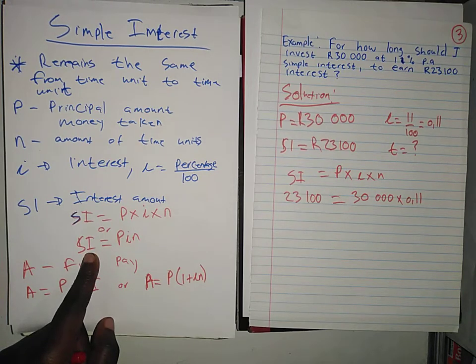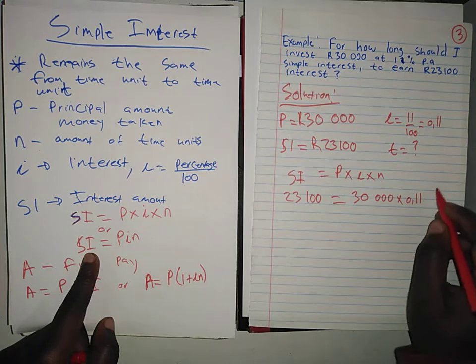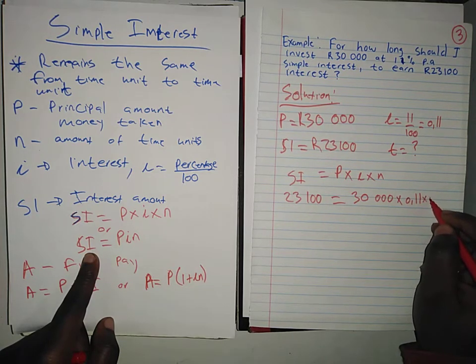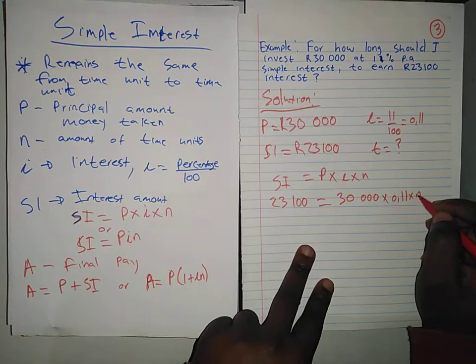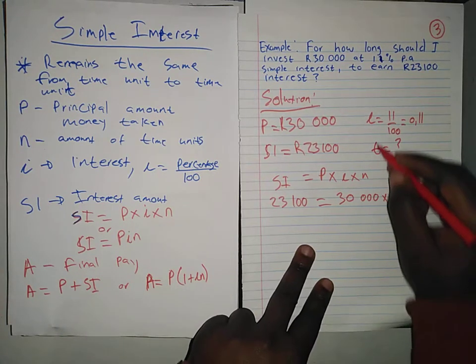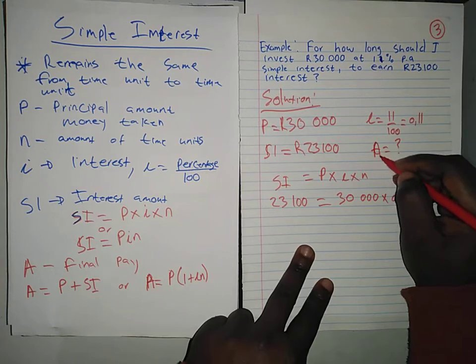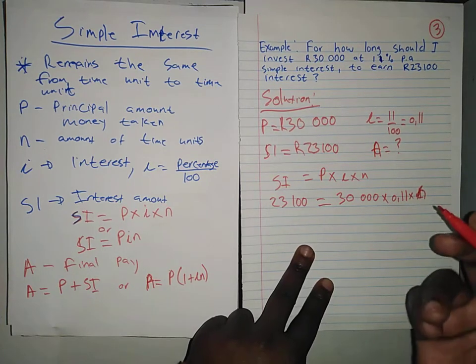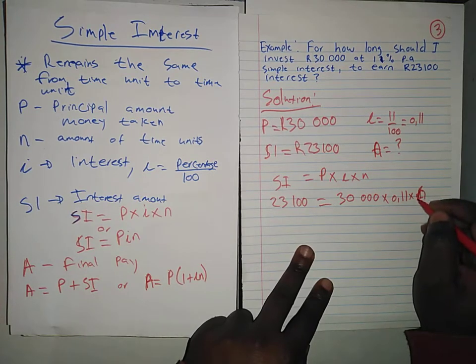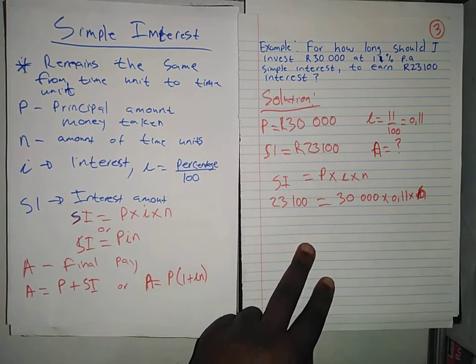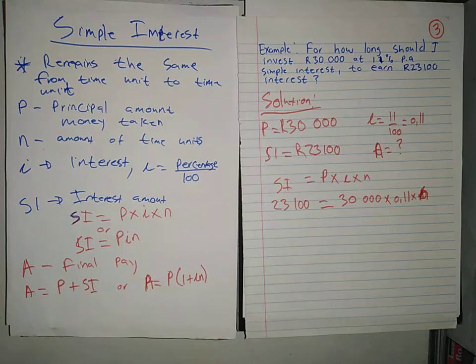And my N is, sorry, my T. Okay, it's not T, call it N. Some people call it T in other books, but in this context we call it N. My N is unknown.